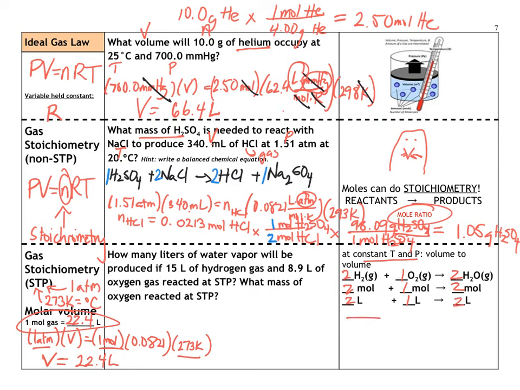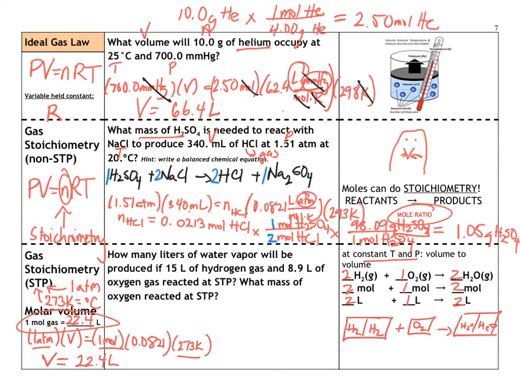So literally, we can see the volume containers be proportional as well. So here's 2 liters, say, in this box here, 1 liter of oxygen forming 2 liters of water vapor.